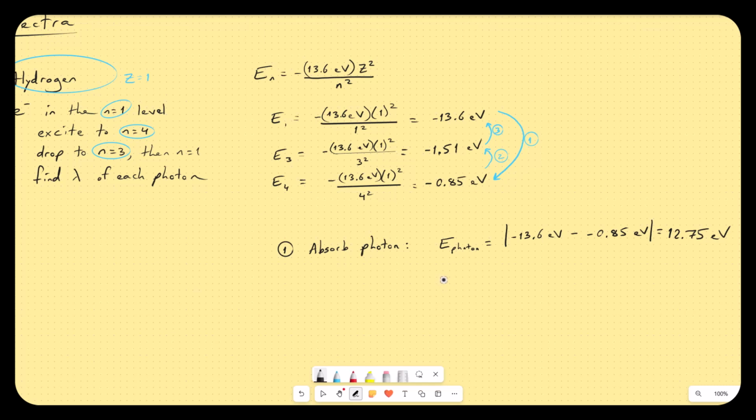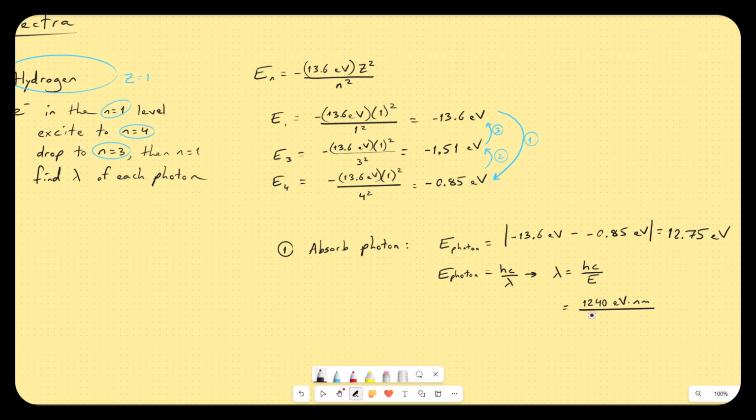The energy of my photon is equal to hc over lambda. And that means that my wavelength is equal to hc over the energy. hc is 1240 eV nm.